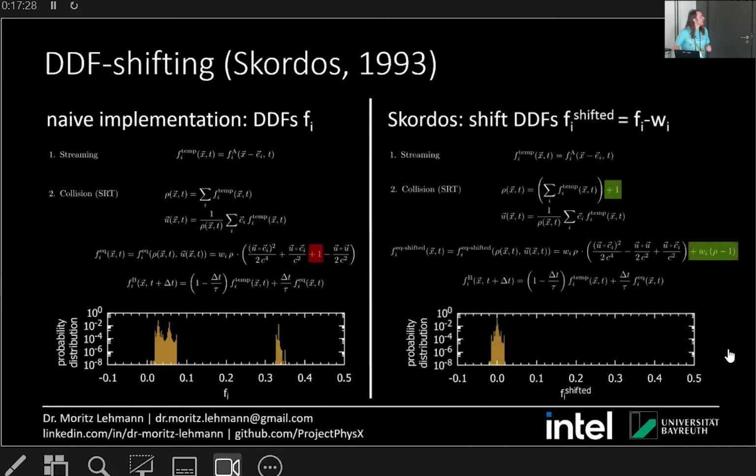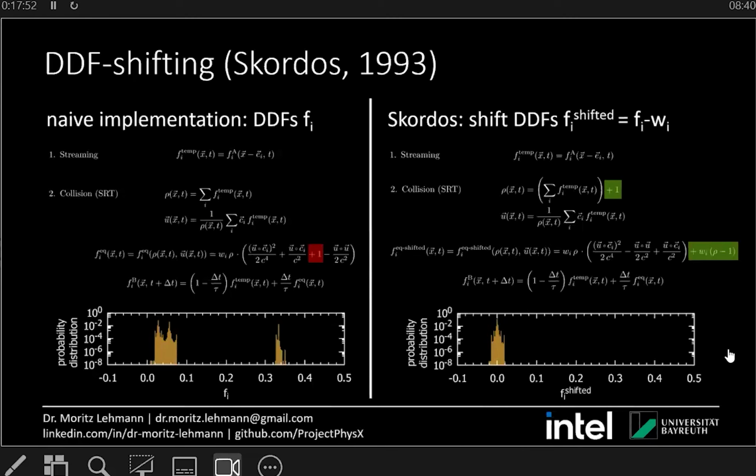So there was a trick in 1993, before my time. Someone found a solution that with a few very simple modifications to the lattice-Boltzmann algorithm that don't change any of the physics behind it, you can shift the density distribution functions so that they are all nicely centered around 0.